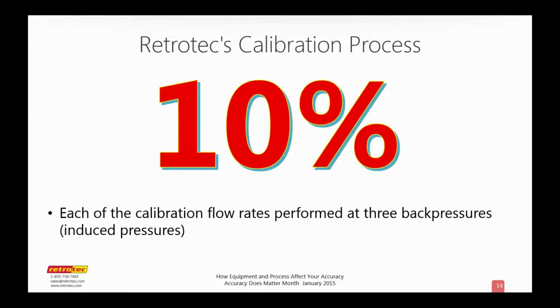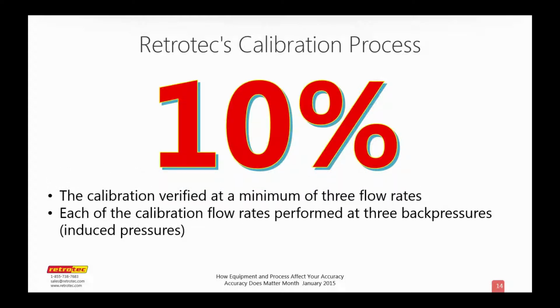A little bit more about the calibration process that the chamber is used for. Each of the calibration rates that they test are performed at 3 back pressures. The calibration is verified at a minimum of 3 flow rates, where one is above or within 10% of the maximum operating flow, and one is below or within 10% of the maximum flow measured for that fan. The calibration at each of these 3 flow rates is performed at 3 back pressures.